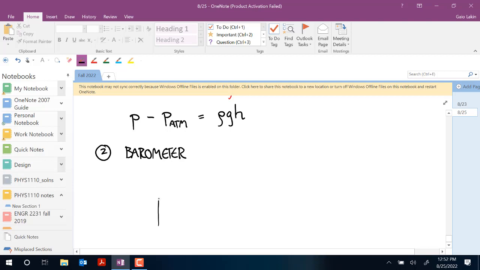You have a closed column where up at the top it's evacuated, so the only pressure is the fluid pressure coming from the liquid. And you have a tray here that's open to the atmosphere.